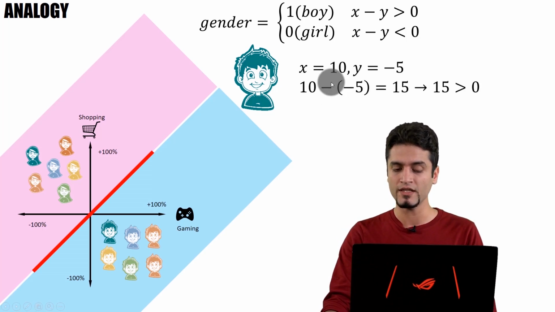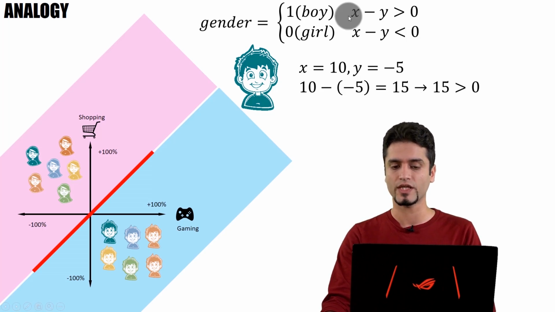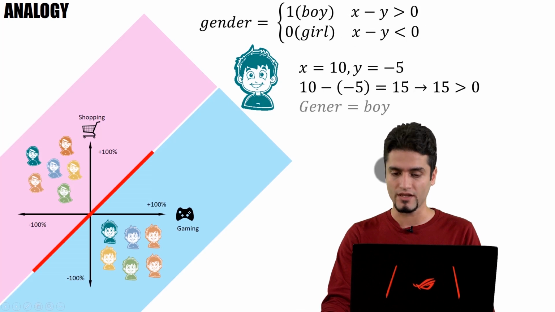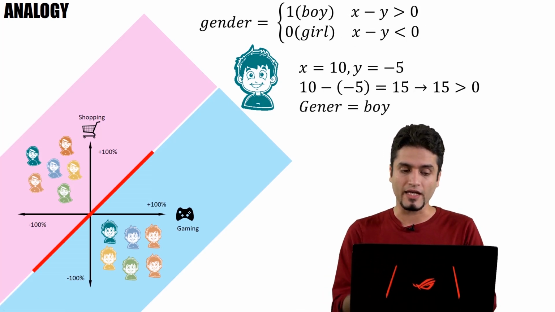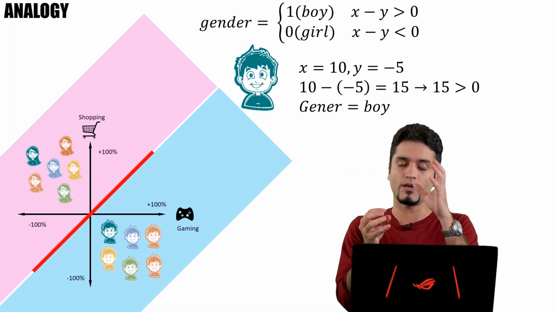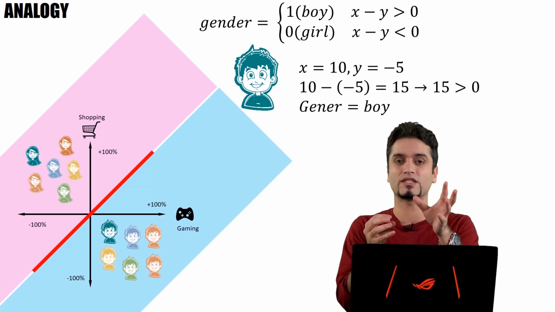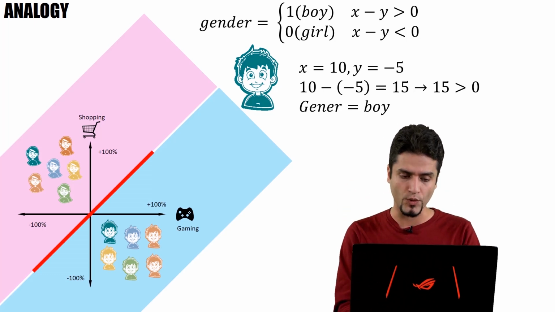That would be 10 minus minus 5, which is equal to 15. Now 15 is greater than 0, so this condition is satisfied, which means the gender is a boy or male. And again, if we didn't have the picture of this boy and just x and y, or how much he's interested in gaming and shopping, we would be able to confidently say that it is a boy.